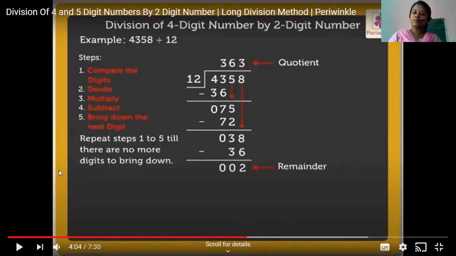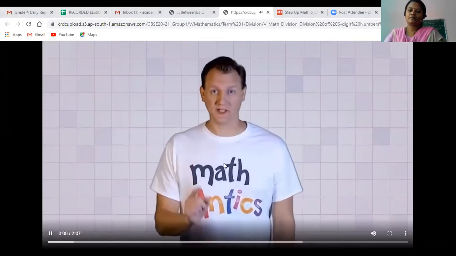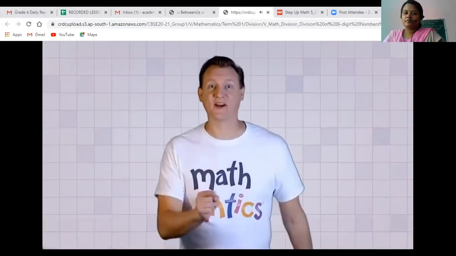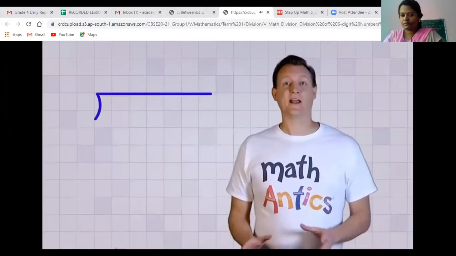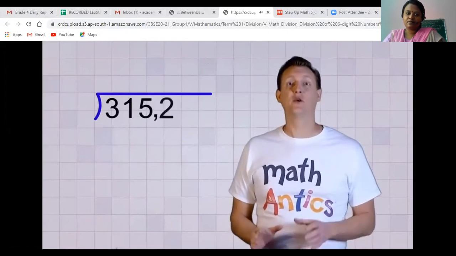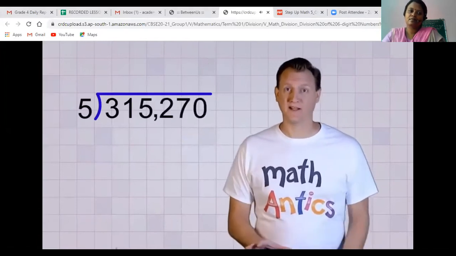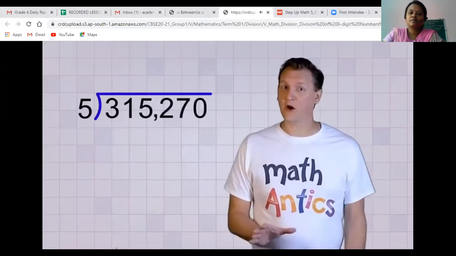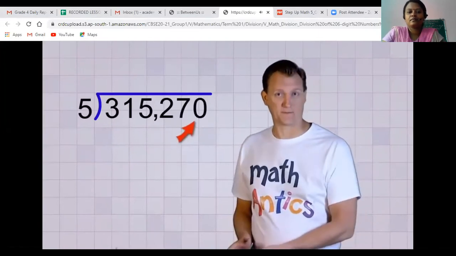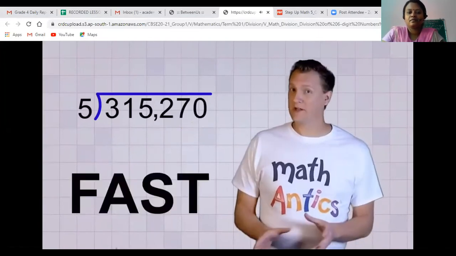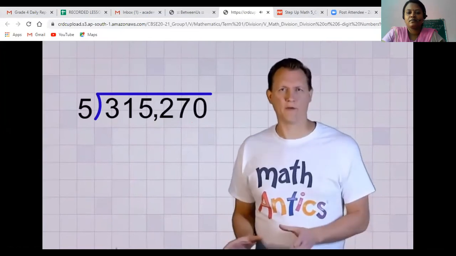Let us see one more example of division. Now that you know the procedure for long division, are you ready to see a really long problem? Good, I thought so. Let's divide 315,270 by 5. Now don't worry, it's really not that hard if you just go digit by digit. I'm going to work the problem pretty fast, so don't worry if you don't follow all the math.